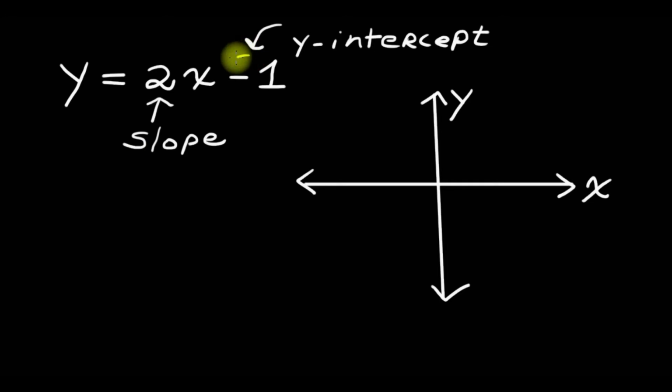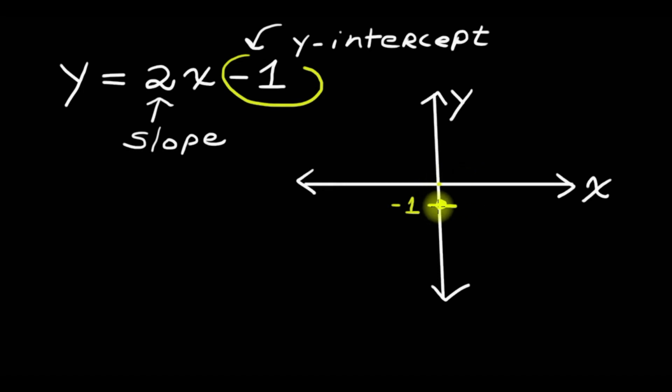You are going to find -1 on the y-axis. So here's your origin, and let's say this is -1. You are going to put a point there. That's one of the points that's going to be on the line.